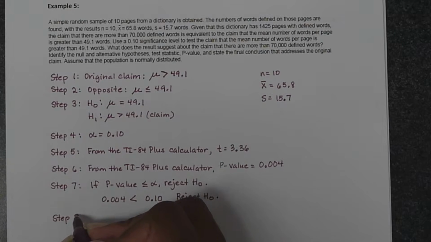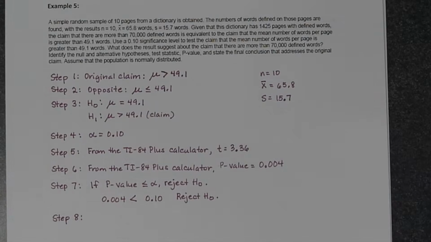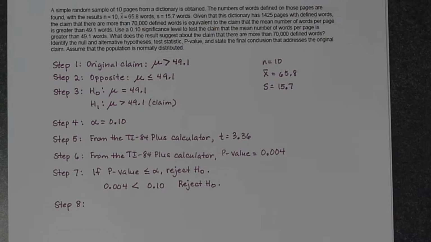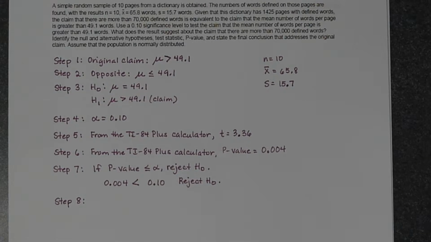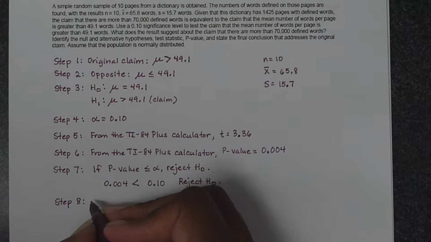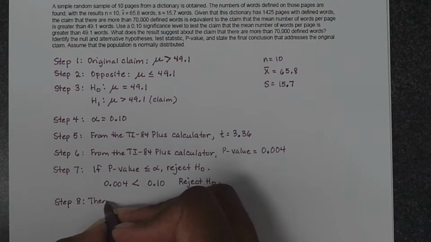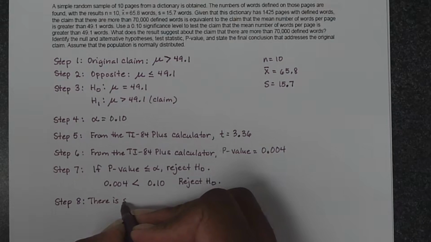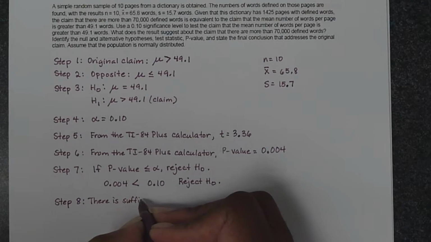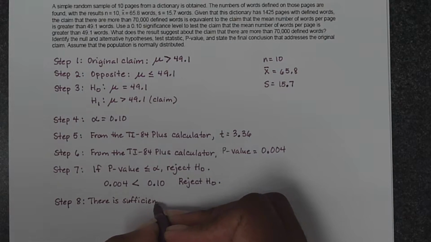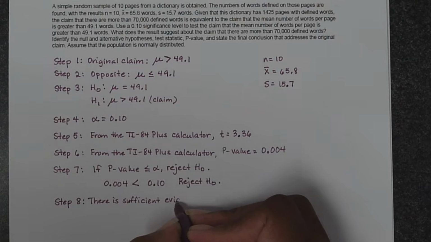So step number 8 is our conclusion using simple, non-technical terms would be this. There is sufficient evidence, and I'll go ahead and write it out, and you will be expected to write it out on your exams as well.